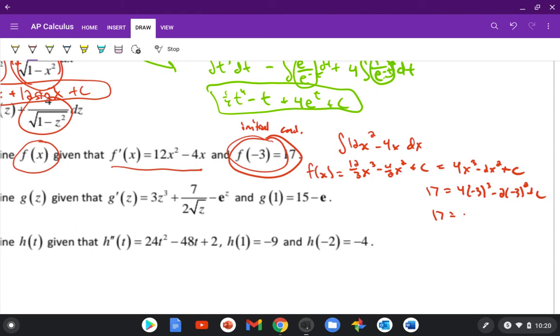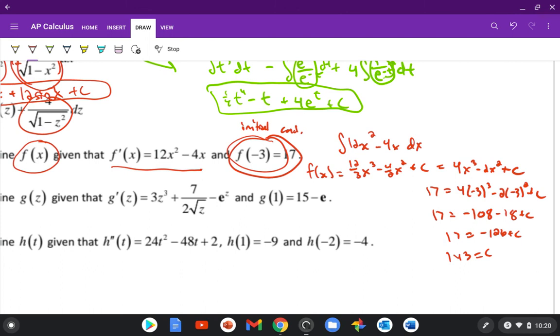So we get negative 108. That becomes 9, so minus 18 plus c. So we end up with, looks like, negative 126 plus c. Add that over. So c would be 143. Yeah, so c is 143.